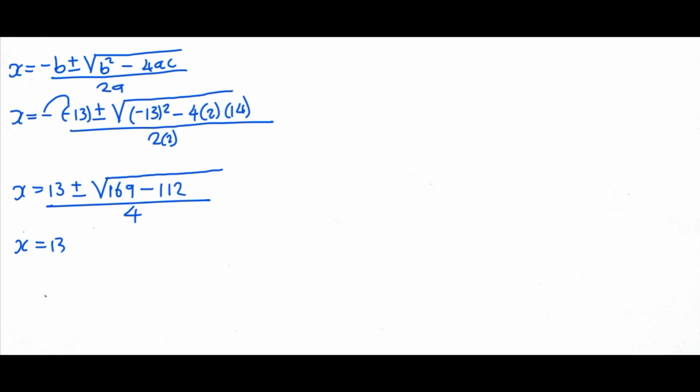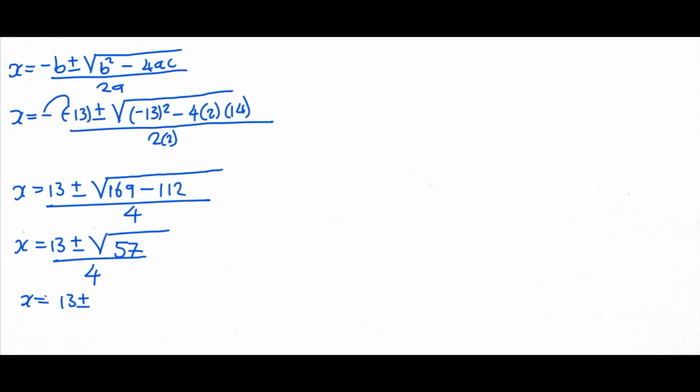So we now subtract 169 minus 112. So I'm getting 57. Then we need to find the square root of this number. So 13 plus or minus, what is the square root of 57?